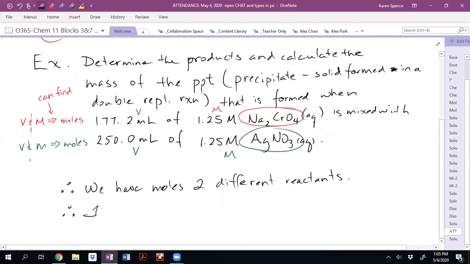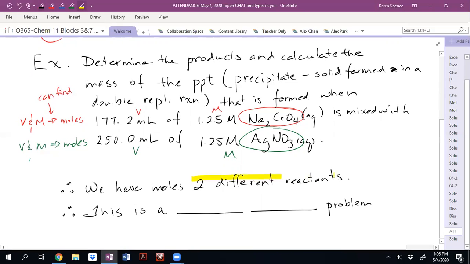We need stoichiometry, but even more than that, it's a special kind of stoichiometry. Well, solution stoichiometry. It is, but we've got two different reactants.